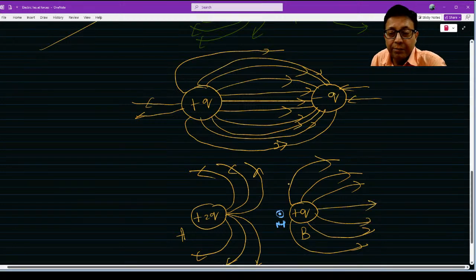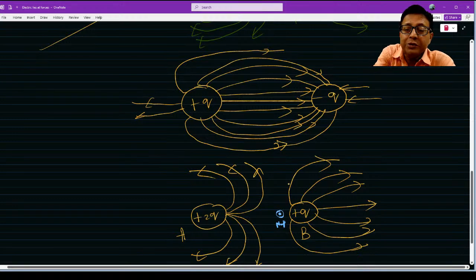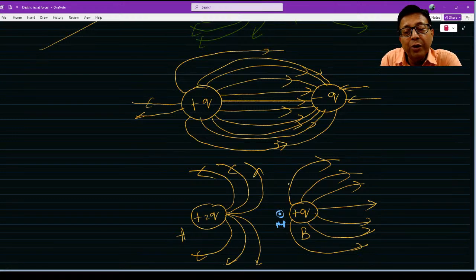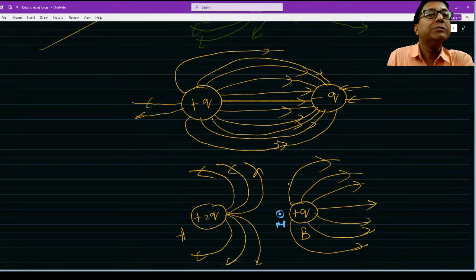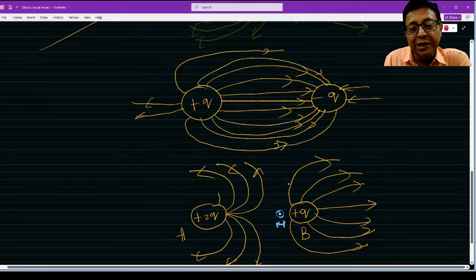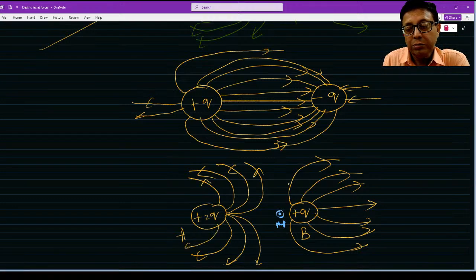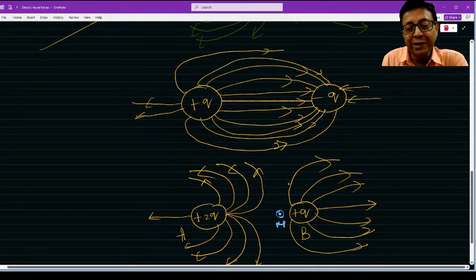In a diagram, if you have drawn 7 lines of forces due to plus q, you will be drawing 14 due to this to depict that electric field. You will draw more. Okay?